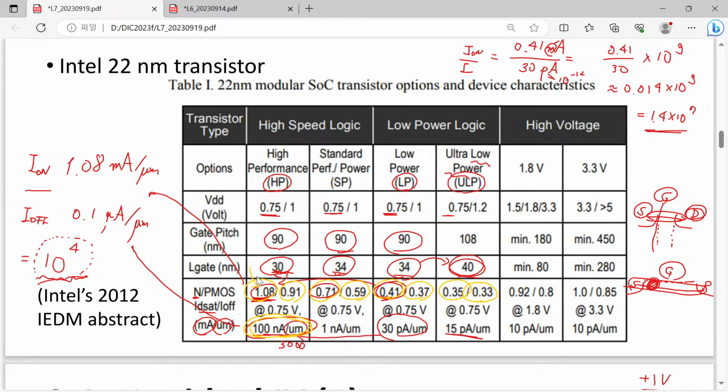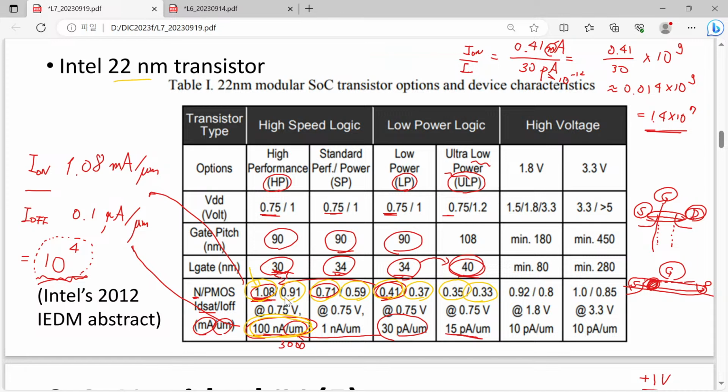This is the textbook material. Even in our course, we will say that electrons have a much higher mobility. So when we draw our NMOSFET and PMOSFET, the PMOSFET should be drawn somewhat wider to match the balance of their performances. But please have a look at this 22 nanometer technology.